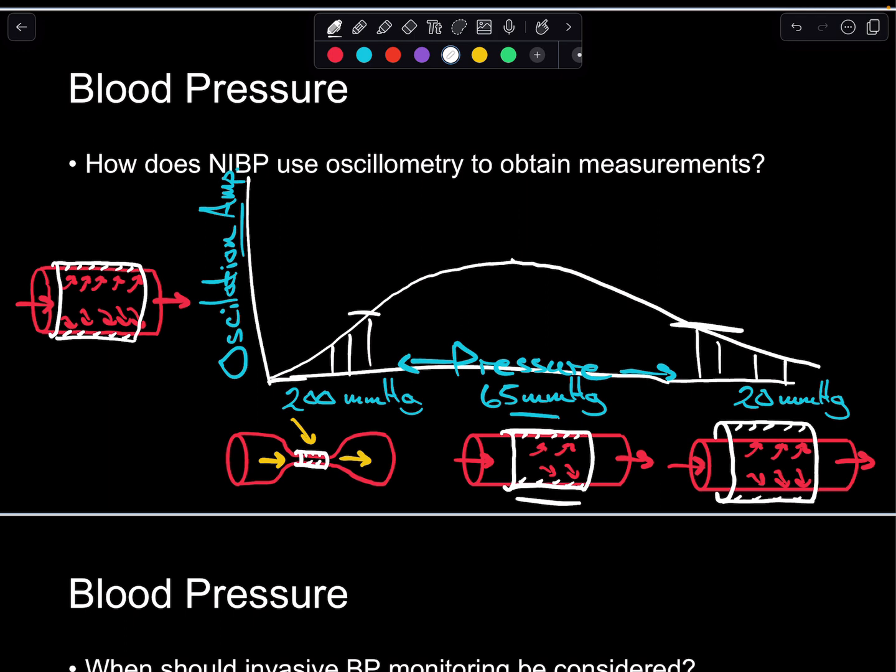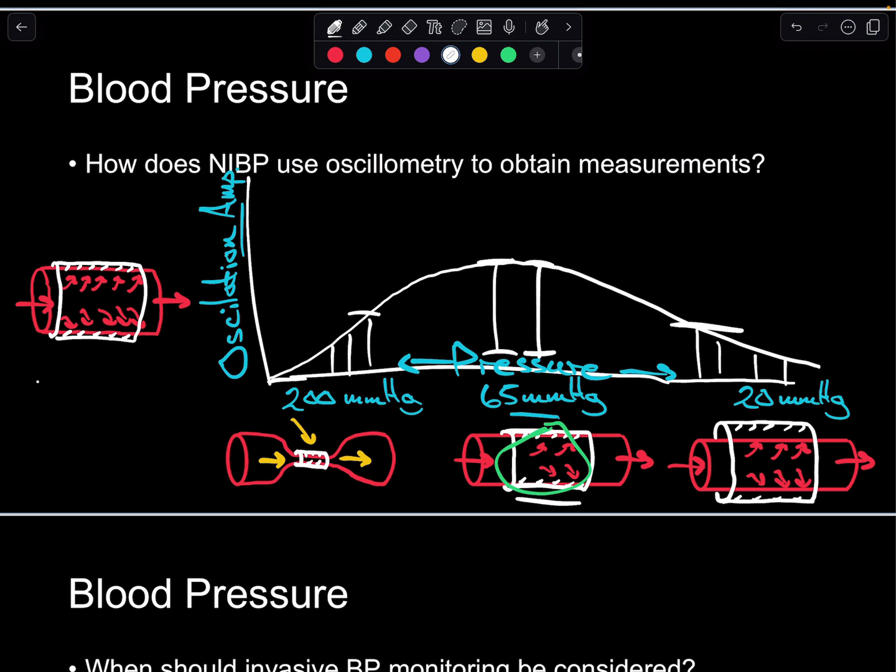But right here in the middle, you have a maximum amount of oscillations that are being detected because the cuff that's around the patient's arm is in the perfect amount of contact with the wall of the artery. So at this point, this is the mean arterial pressure. You can use that to derive the systolic and diastolic pressures.